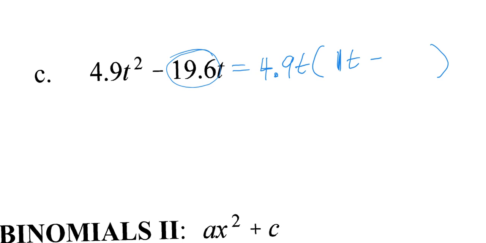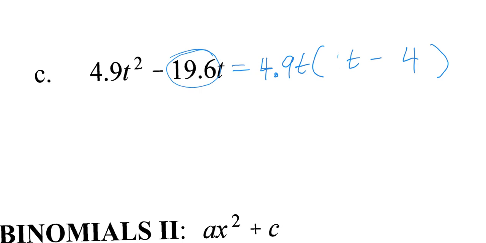Negative 19.6 divided by 4.9 is, you guessed it, negative 4. So all that's left over is to remove that extra minus 1 because it's not necessary. So we're left with 4.9t times t minus 4 as our final factorization.